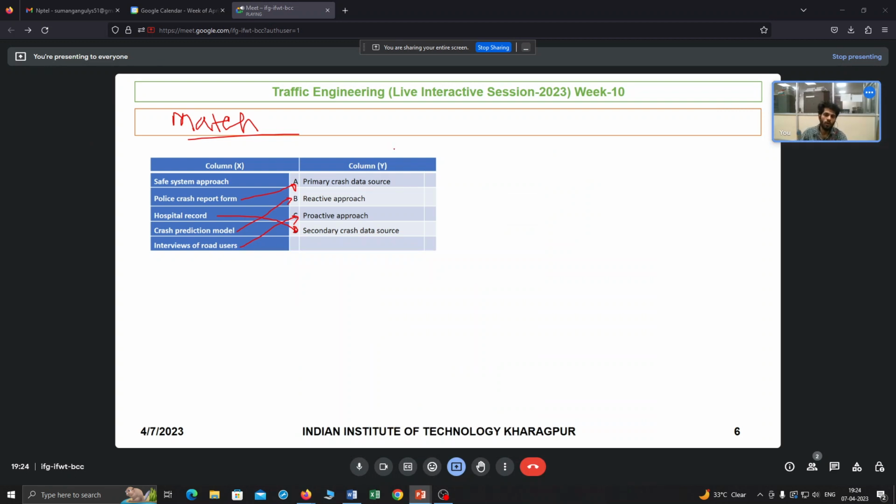You want to build a system so that no road accidents occur. So safe system approach, SSA, is a proactive approach. And these are the correct answers.